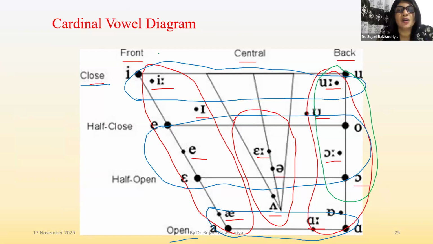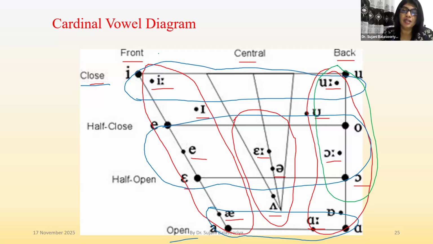Whereas all the other vowels than the ones I have circled in green color here are lip spread vowels. So you can easily remember the lips round vowels. Oo, o. That's all. And all the others are lips spread vowels, right? So that is how we can understand the cardinal vowel diagram.